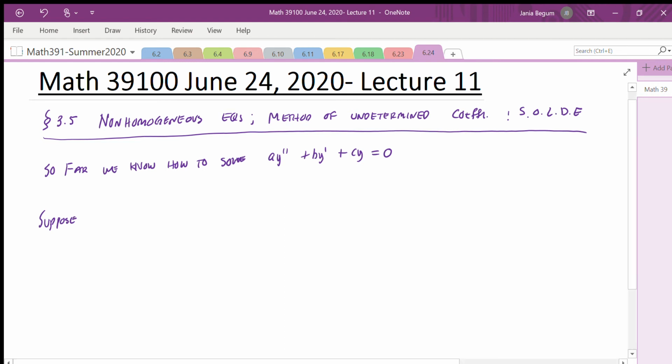Suppose we have a times y double prime plus b times y prime plus c times y equals some function g of t.